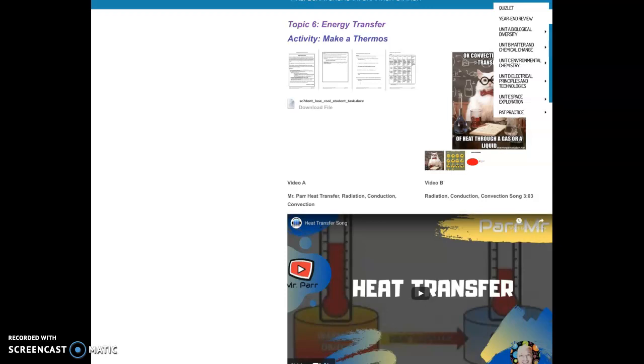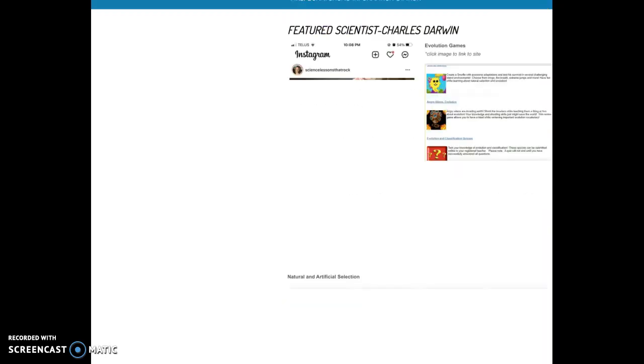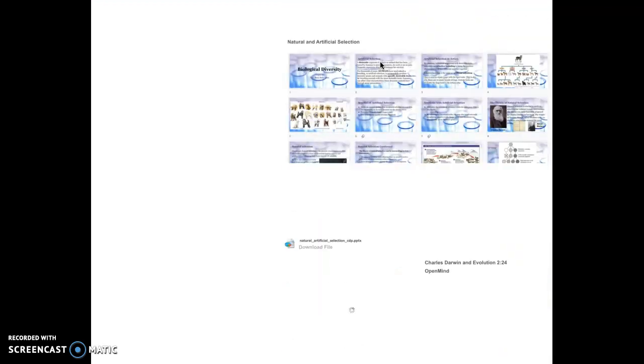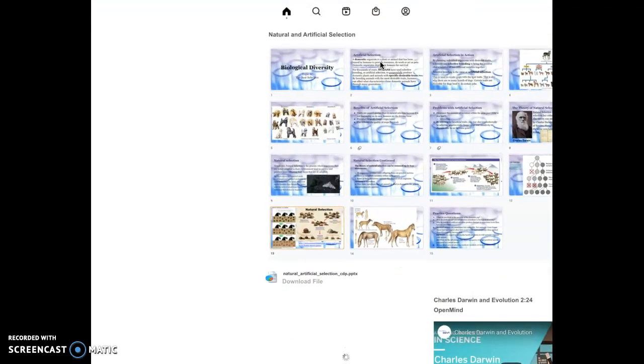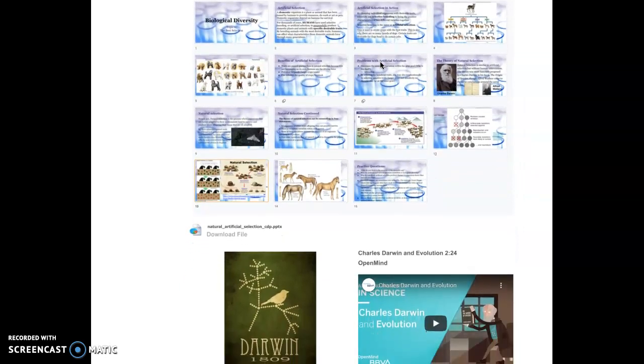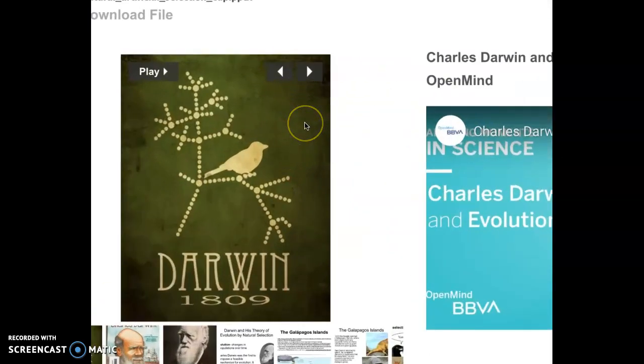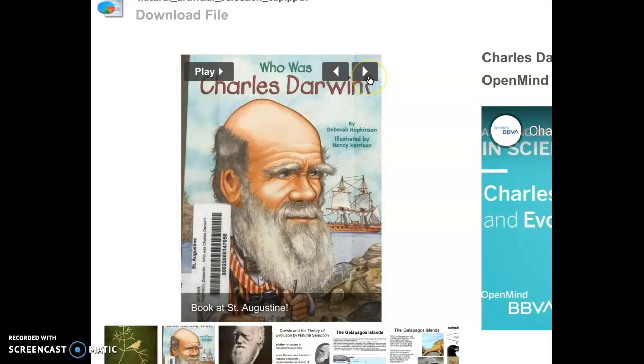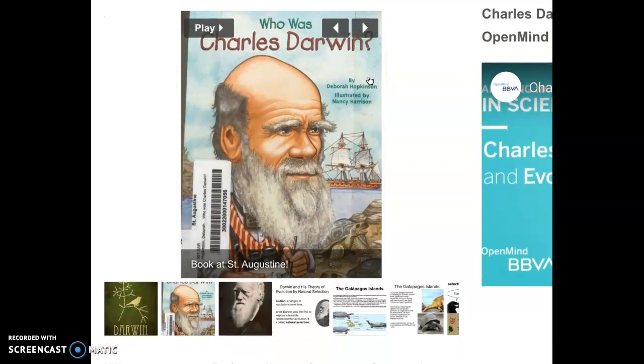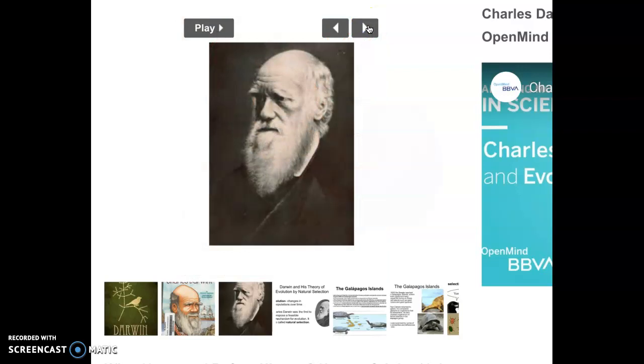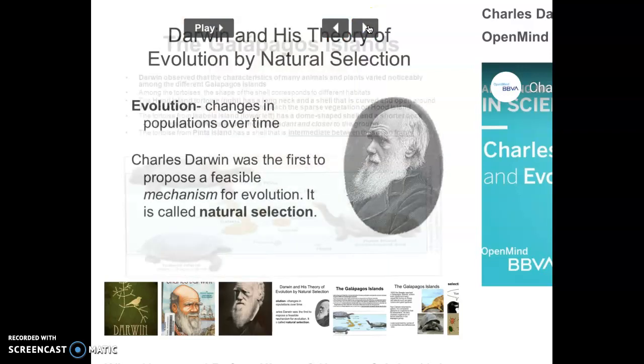I'm opening up the right page here for you. Okay, Charles Darwin. He did this whole study on finches. If you didn't have a favorite scientist outside of Albert Einstein, then Charles Darwin can be your favorite, if you like. That's what he looked like in most of the pictures.